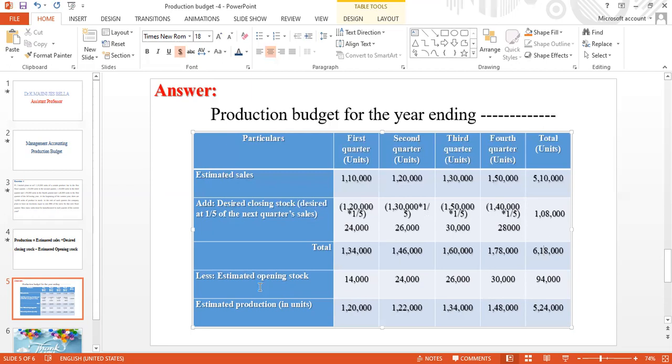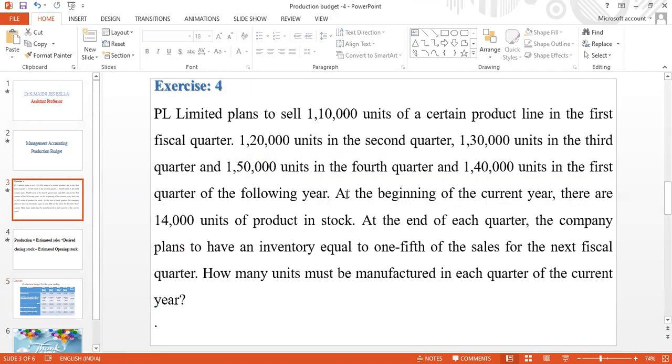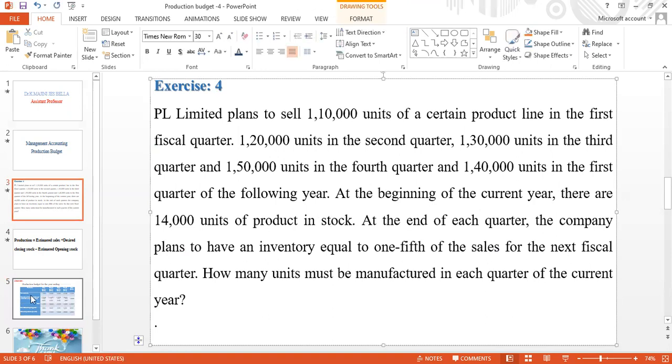Now we can subtract the opening stock. We can write it: less estimated opening stock. For the first quarter, they have given it in the question. See here, at the beginning of the current year, there are 14,000 units of product in stock. That means opening stock.